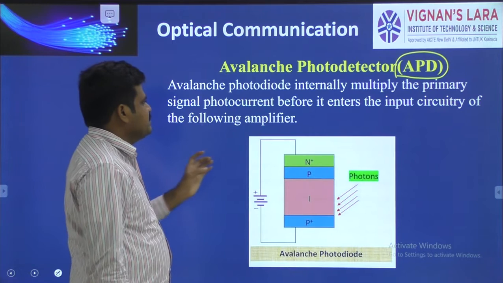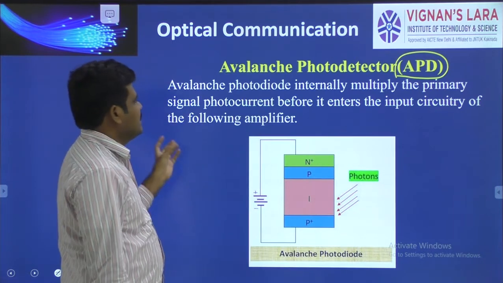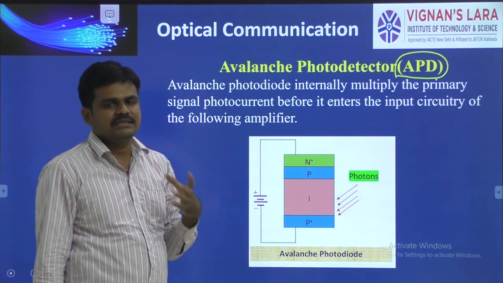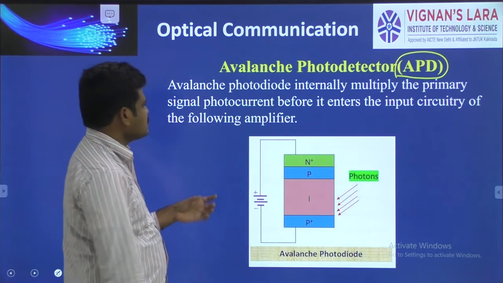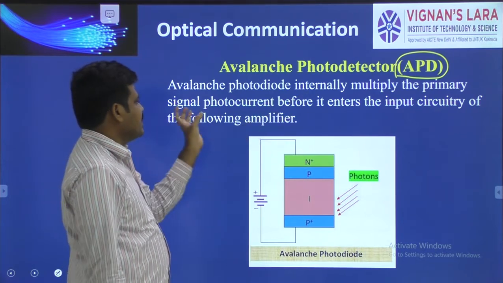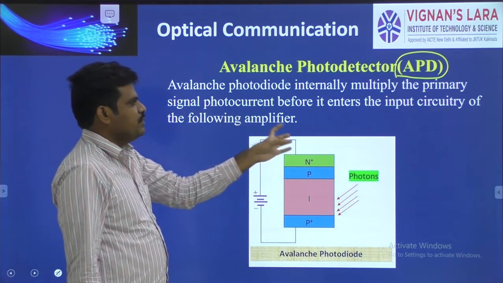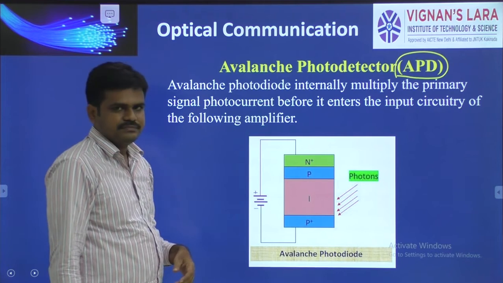So, what is meant by avalanche photodiode? Avalanche means sudden increase. Suddenly, if anything is happening, you call it an avalanche. The avalanche photodiode internally multiplies the primary signal photocurrent before it enters the input circuitry of the following amplifier.